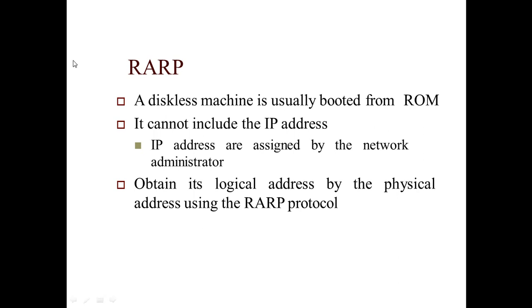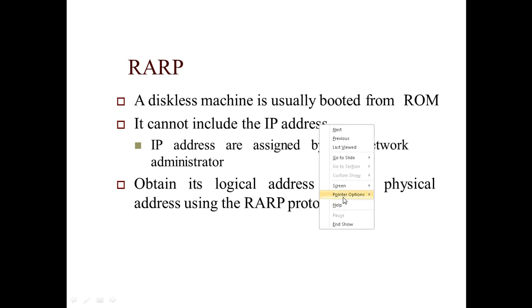A diskless machine is usually booted by a ROM, and it cannot include the IP address. So you have to find the IP address, and the MAC address can be obtained by any means. IP addresses are assigned by the network administrator, and to obtain its logical address from the physical address you can use RARP.